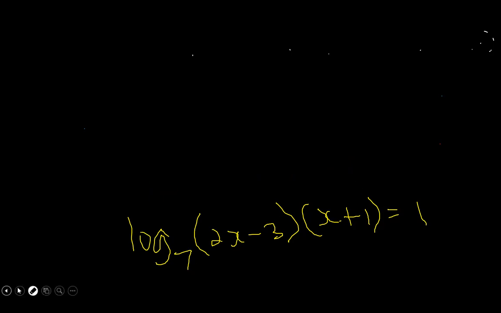So I can tell that this is in log form. What is log form? Remember that log form looks like this: log of x to the base a is equal to n. In this case, a would be 7, x is represented by this, and n is 1.